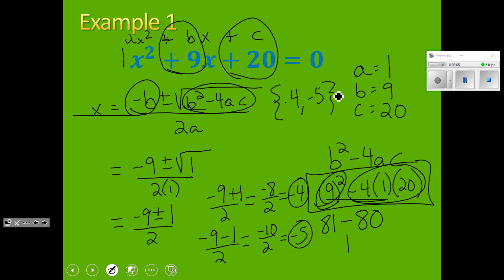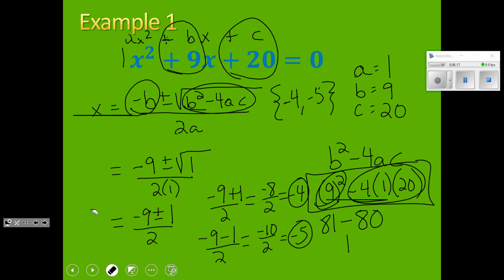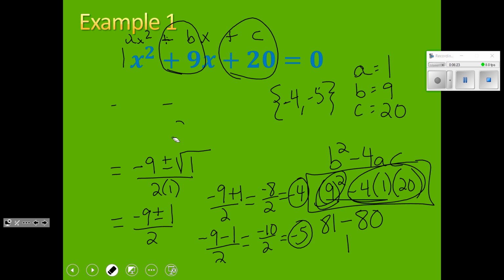I'm wondering if I had anybody out there that looked at this first problem and said, I can just factor that. And you totally could. So again, this is just one more way to solve a quadratic. So this one could be completely done by factoring, like what you did yesterday.